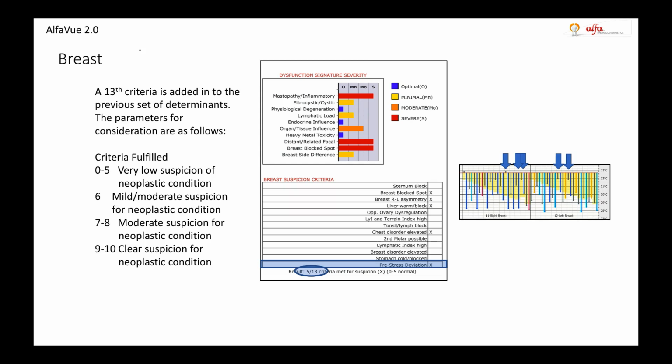Very, very important. So you can see on the criteria, the 13th, and in this case, the pre-stress deviation. So that gets an X with this one. 0 to 5 is low suspicion, 6 is borderline, 7 to 8 is bringing up a suspicion, 9 to 10 is high suspicion, and then the arrows on the right are showing you where those tuple abnormality groups of points are.